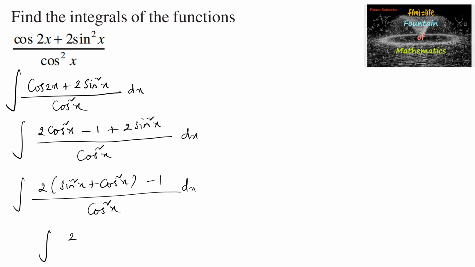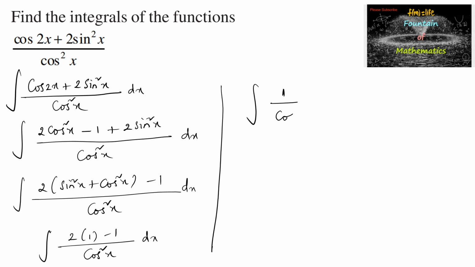Since sin^2 theta plus cos^2 theta is 1, so 2 into 1 minus 1 upon cos^2 x dx. This we can write as the integral of 2 minus 1 is 1 upon cos^2 x dx, that is the integration of secant^2 x dx. We know the differentiation of tan x is secant^2, so the integral of secant^2 is tan x. So you can write tan x plus c, which is the answer.